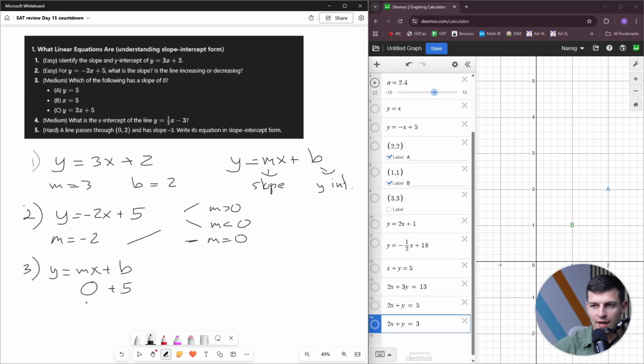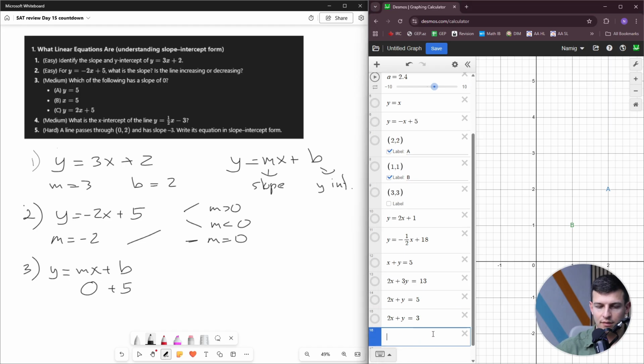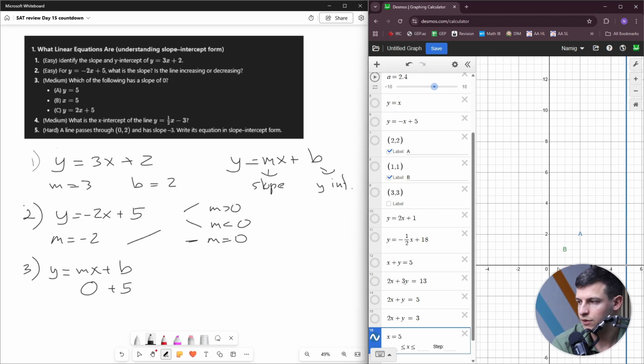Second one, we have x equal to 5. Now, x equal to 5, it means y was 0, so we can actually draw that here. Let me try that. X is equal to 5. If I zoom out a bit, x equal to 5 is a vertical line.